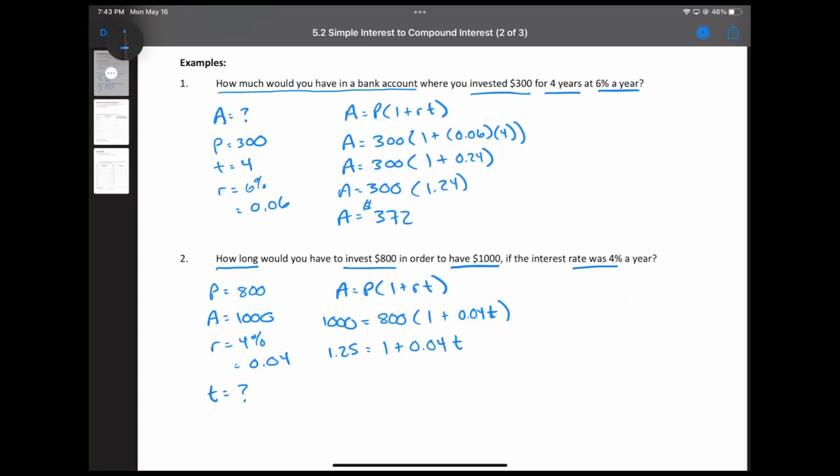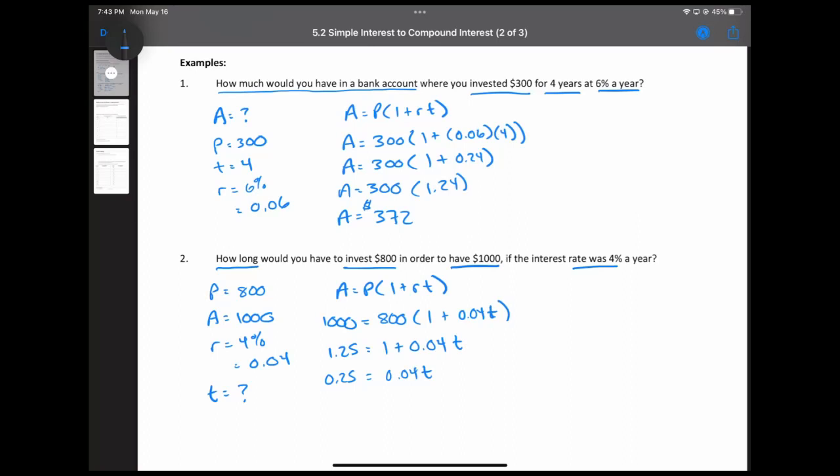Now to get t a little bit more by itself, I'm going to subtract 1 from both sides. So I've subtracted 1. And on the other side, I'm left with 0.04t. And in the final step, I'll divide both sides by 0.04. So 0.25 divided by 0.04 equals 6.25.